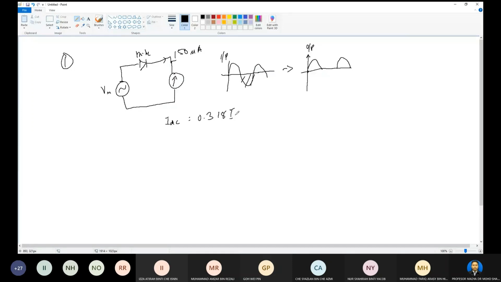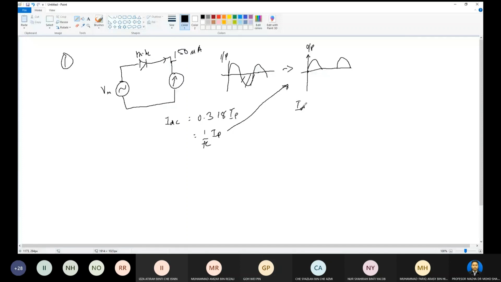This is a standard formula. Normally, from the derivation, it is 1/pi IP. It comes from this equation.